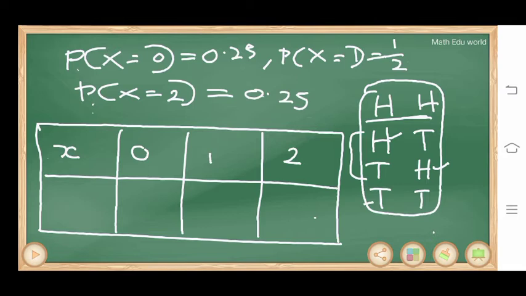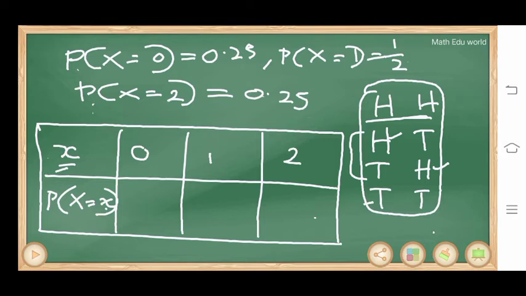The next row starts with probability of X equal to x, where small x is the number of heads and capital X represents the random variable, the number of heads.